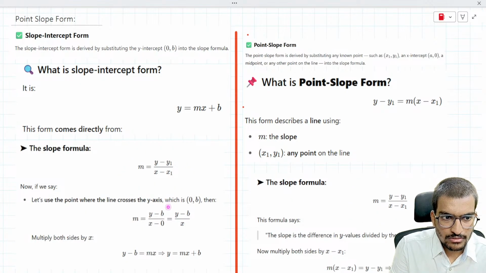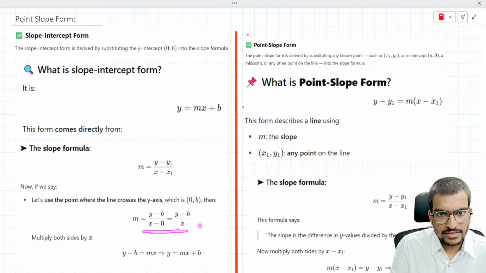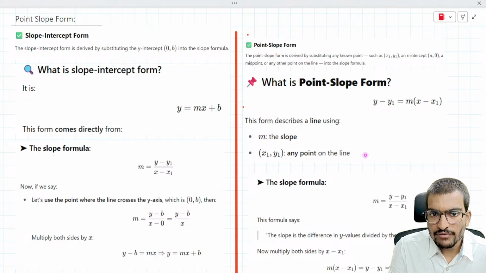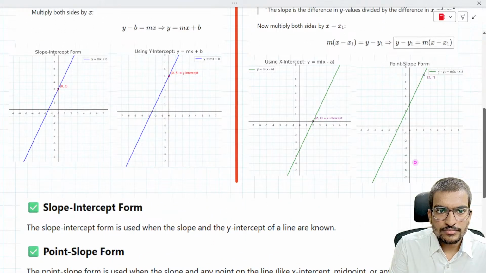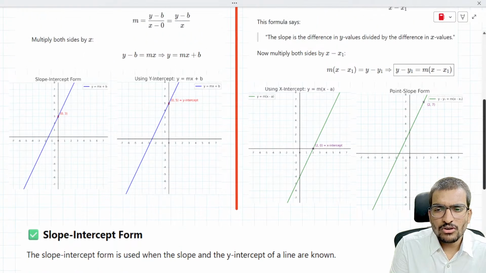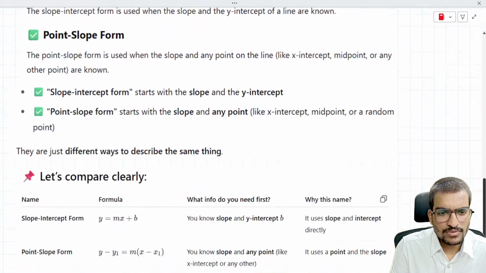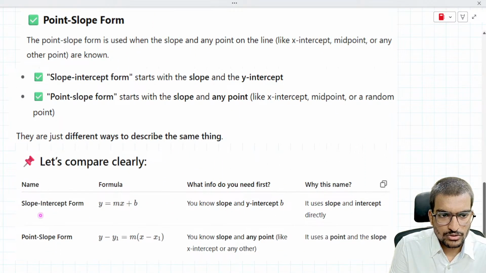Whenever the point is on the y-intercept, then it's going to be slope intercept form. Whenever you have any two random points, you have to use point slope form. It's not mandatory to use one or the other, but which one do we use?